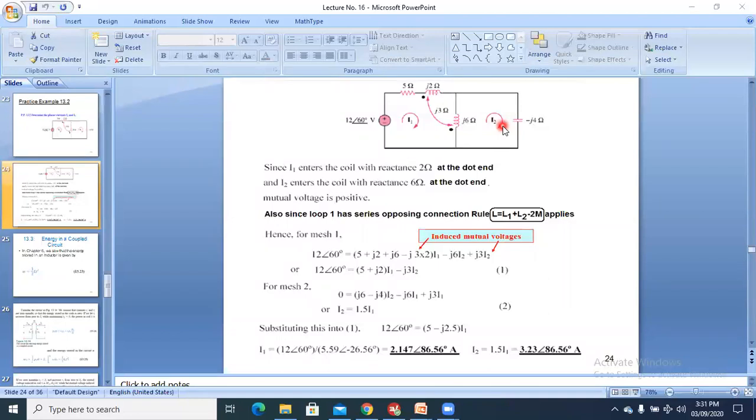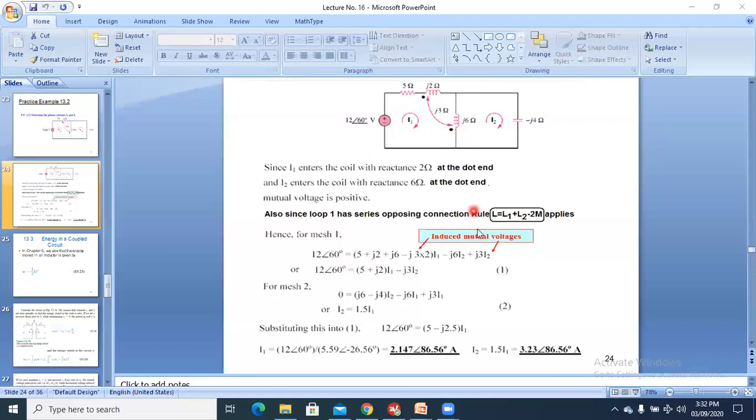The reason also is that I2 enters the dot and the polarity of j3 ohm is also positive in mesh 1. So this is plus j3 I2. Also, the mutual inductance of this is calculated by the opposing series connection of j2 ohm and j6 ohm.